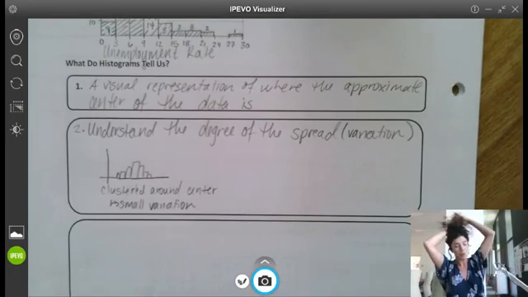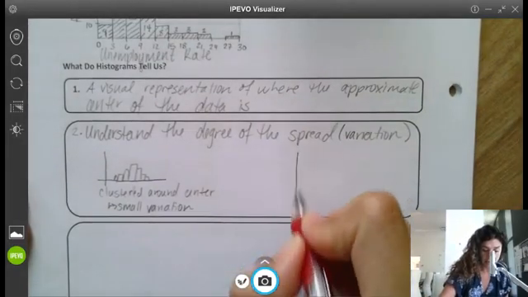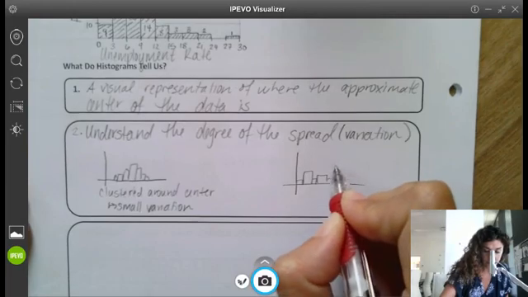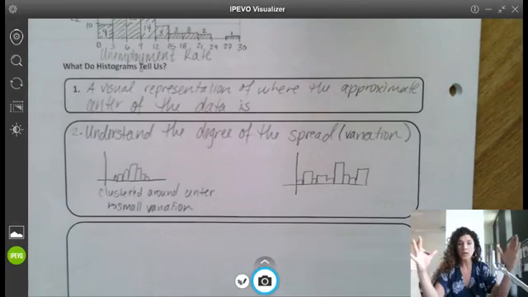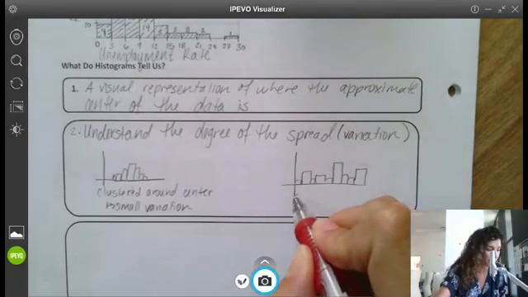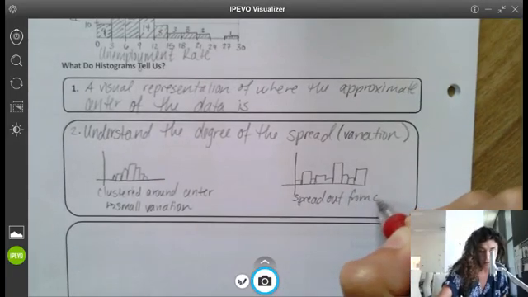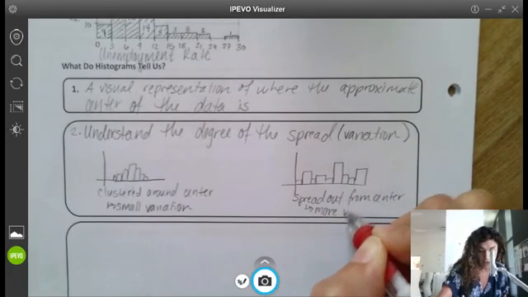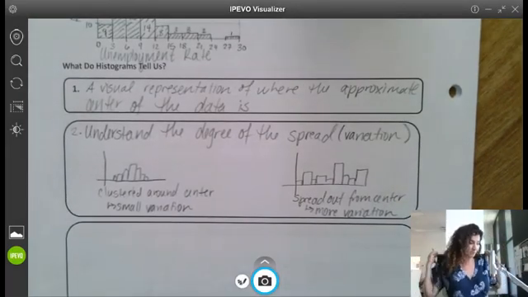We tend to stay within that range of data. Versus when we have something that looks like this, where there's not a whole lot of clustering together, it has more variation. It is spread out from center. And that means that there is more variation, for better or for worse, depending on the context of the situation.